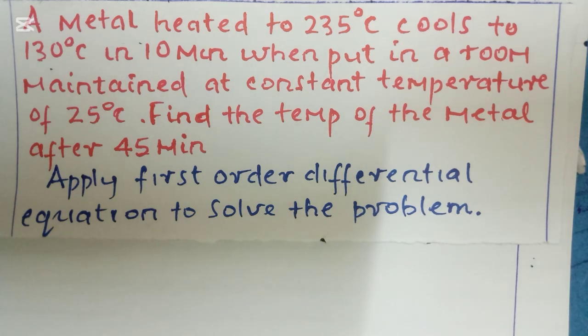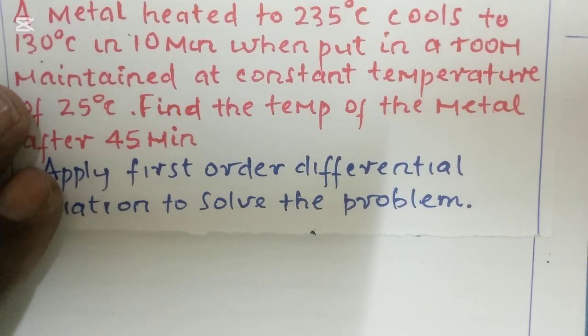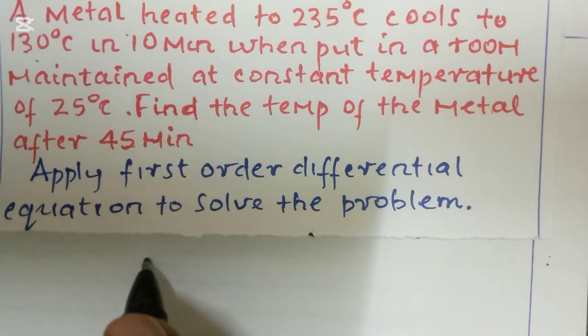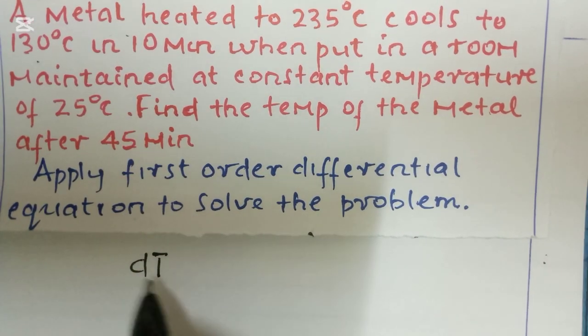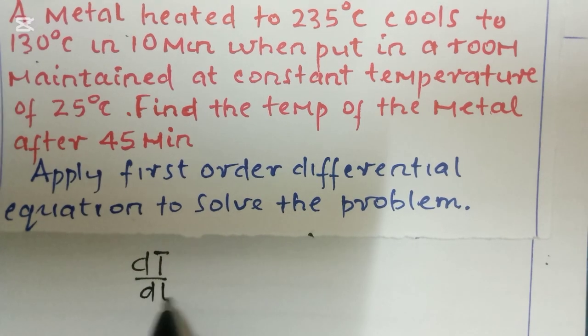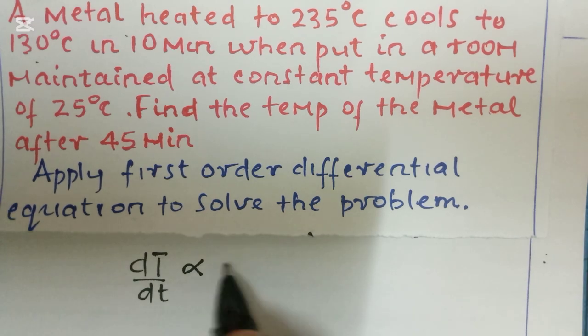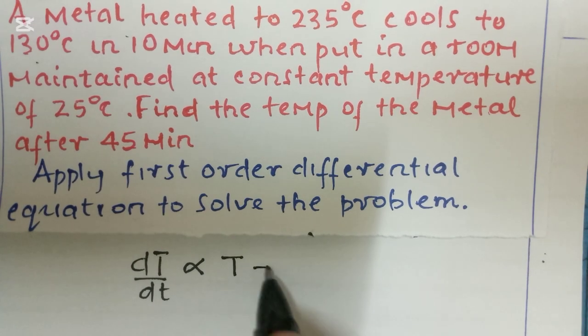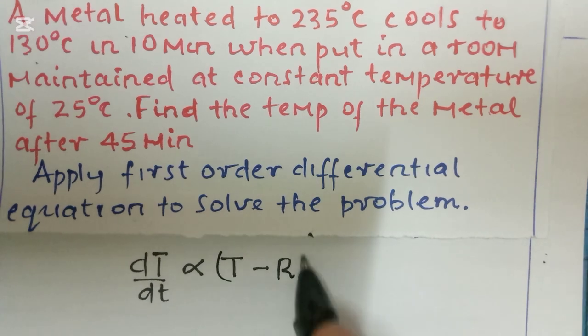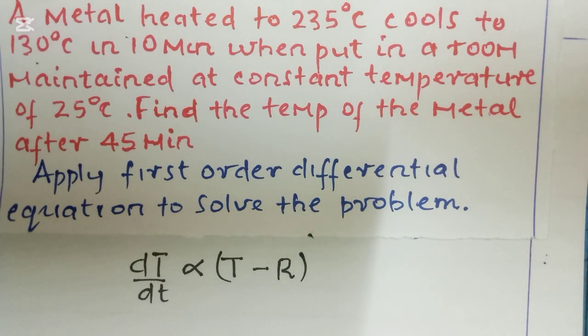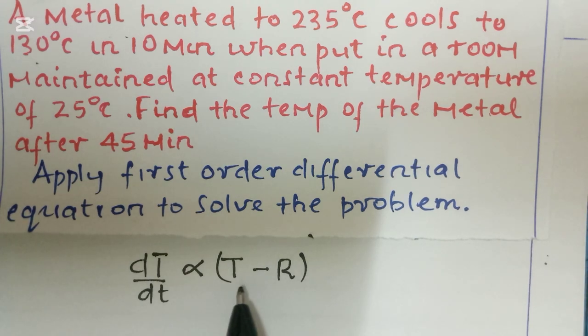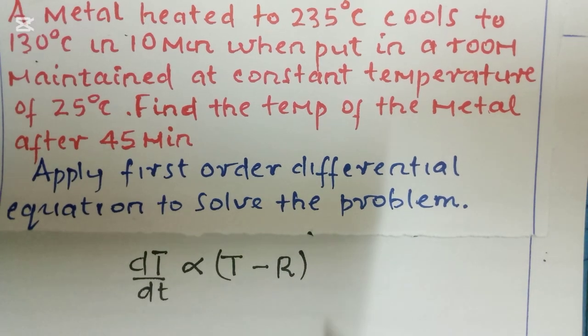We say that dT over dt is proportional to the difference in temperature, that is T minus R, where R is the room temperature. It is proportional because as time passes, the difference becomes smaller and smaller. So that is the equation we use.